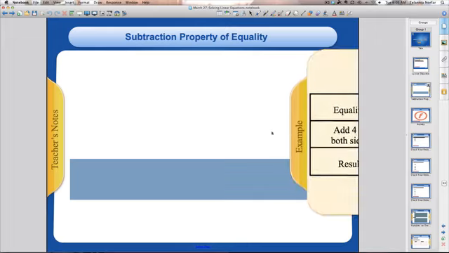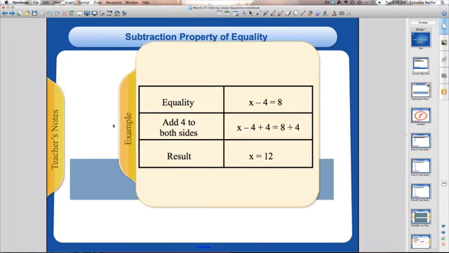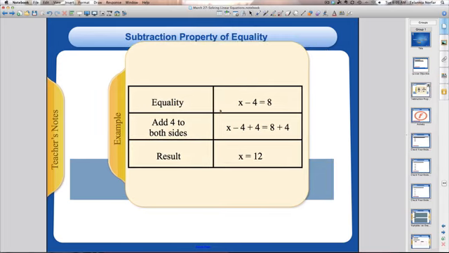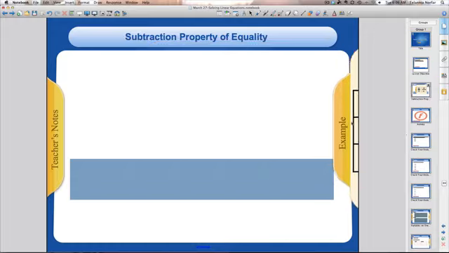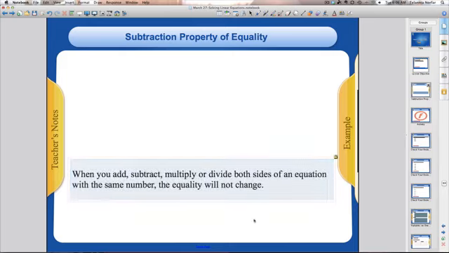Okay, let's look at an example. This is an equality. When we're adding to both sides, that is a property of equality, which gives us this result. Now, can you give a better definition of the subtraction property of equality? Okay, here, write this down.